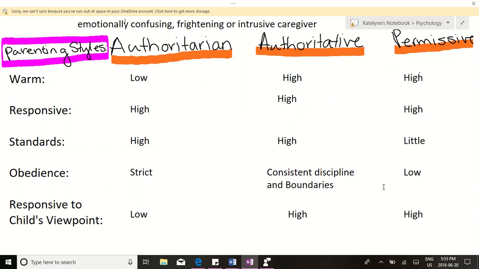However, they also set very high standards for their children. They also demand strict obedience. And lastly, the responsiveness to the child's viewpoint is very low. In this case, they do not care about what the child believes or thinks. Even if the child is right, the authoritarian parent always has the rule of thumb over the child.